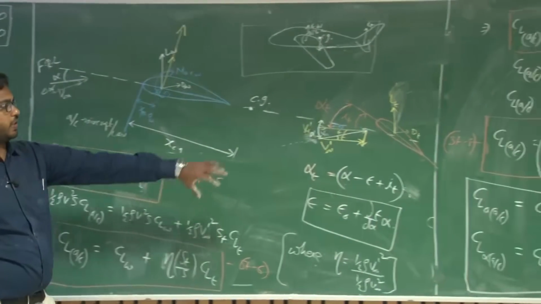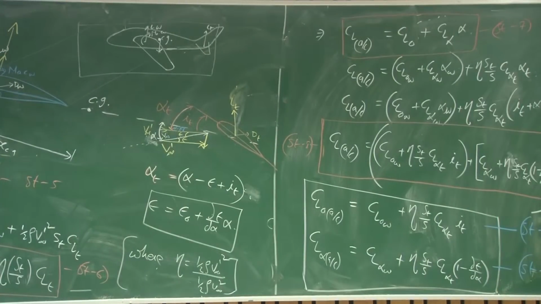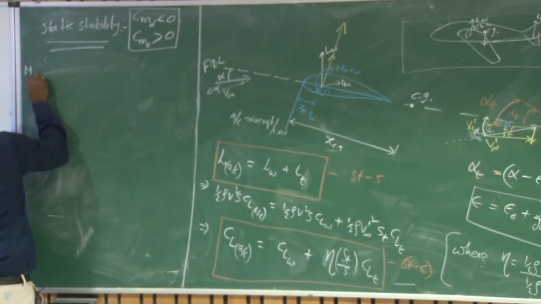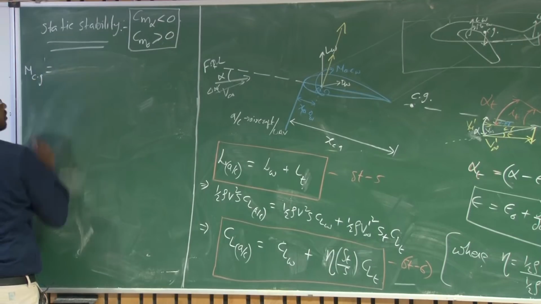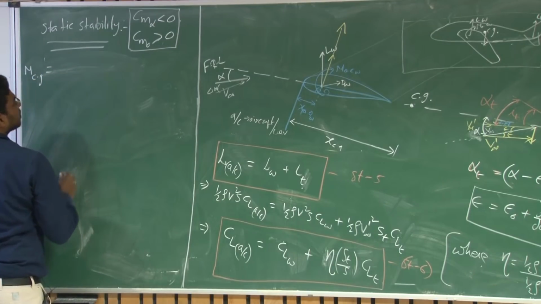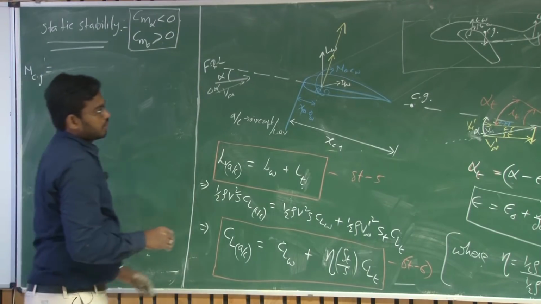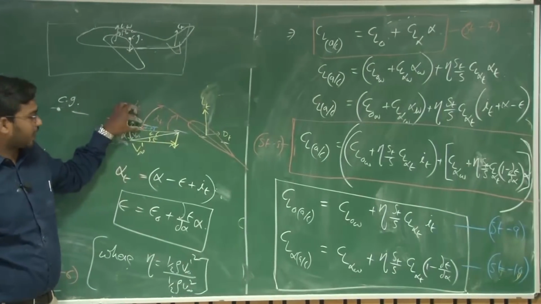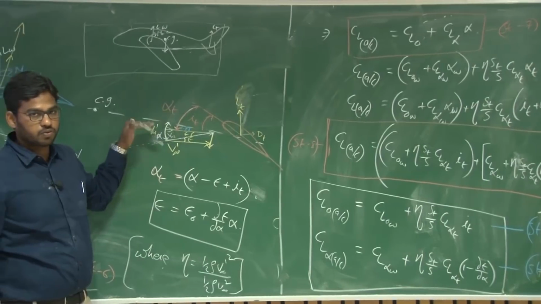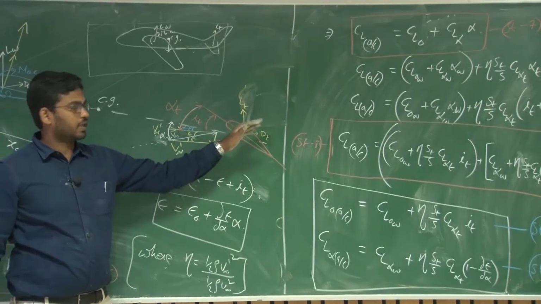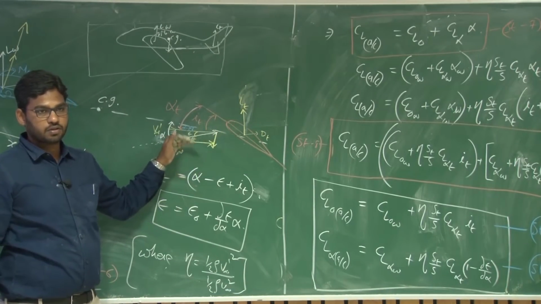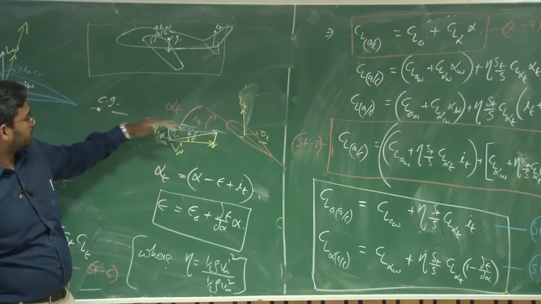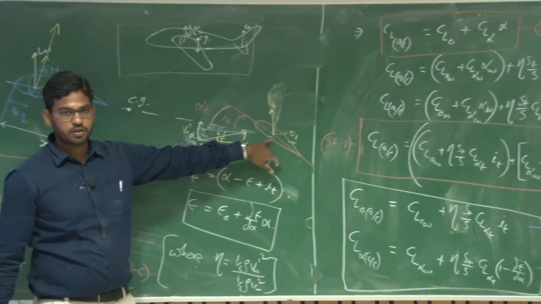Because of the addition of the tail, how is the pitching moment changing? So moment about CG for this wing and tail combination is, again, the angle is very small here. We need to resolve this LT perpendicular to this V infinity, that is, while taking the moments we need to resolve perpendicular to the fuselage reference line.